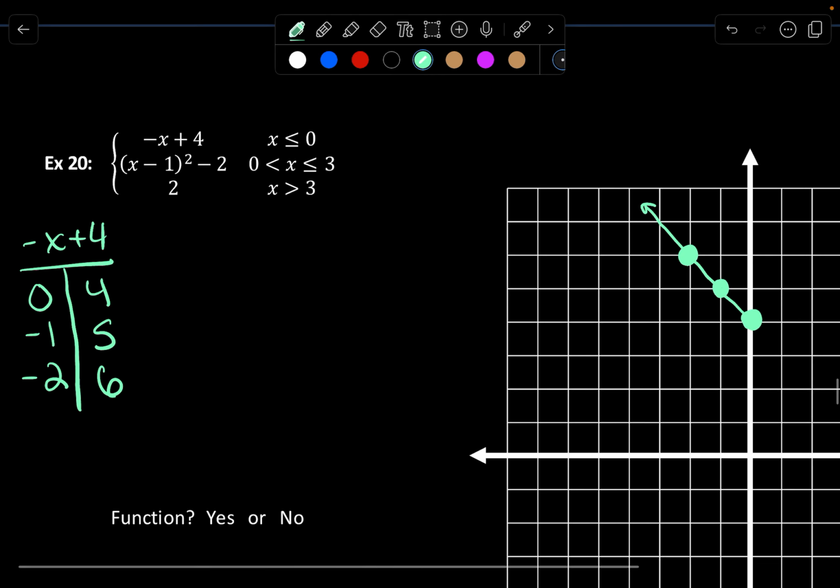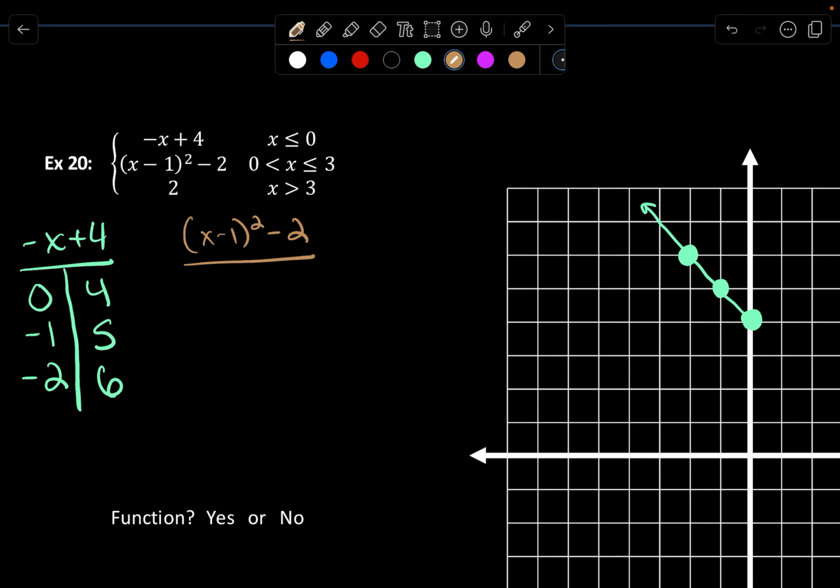All right, the middle part. We have x minus 1 squared minus 2. So this will be a parabola. And we're going from 0 to 3. So I'm going to use every single integer in there. So 0, 1, 2, 3. The math won't be too bad. If I plug in 0, I get -2. That's a lie.